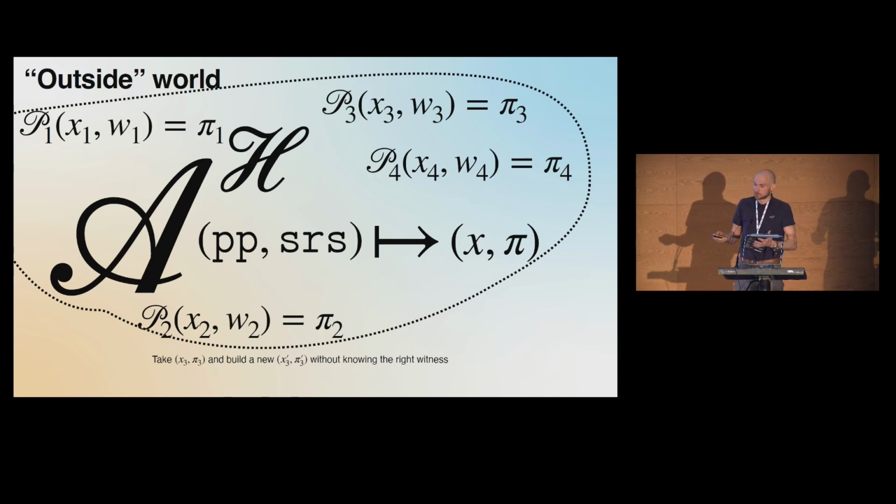So in principle, it may happen that even though our snark is sound or knowledge sound, so it's secure in this isolated, idealized model where the knowledge of the adversary is very limited, it may be the case that this adversary, given access to these proofs that are somewhere in his environment, is able to build a new proof for a new statement. Can build a proof for a false statement or a proof for a statement he doesn't know the witness for.